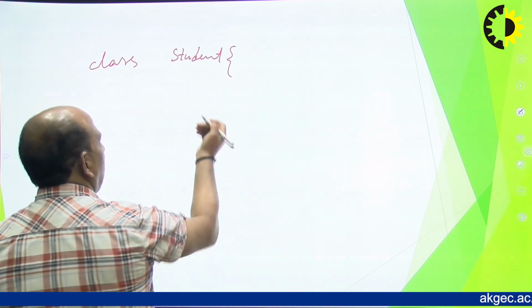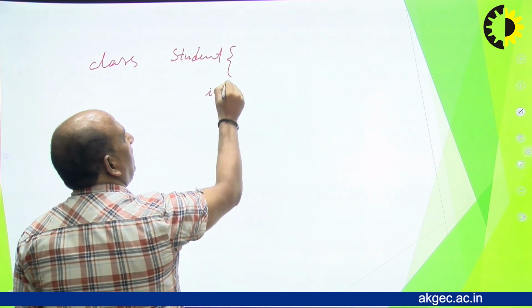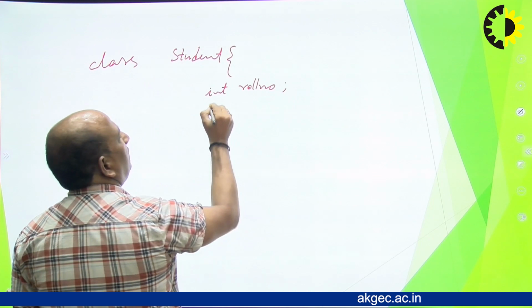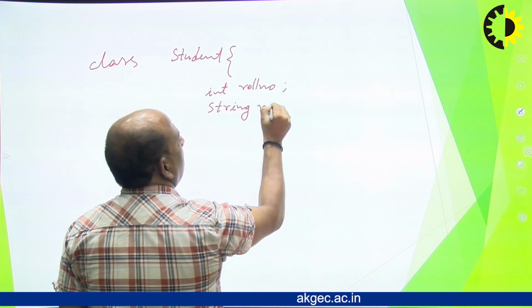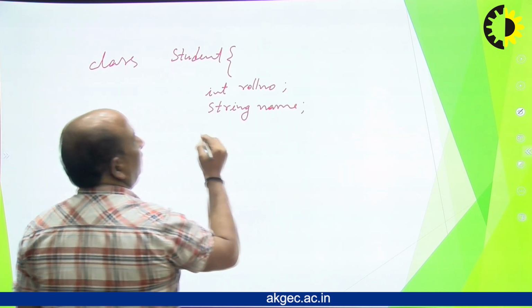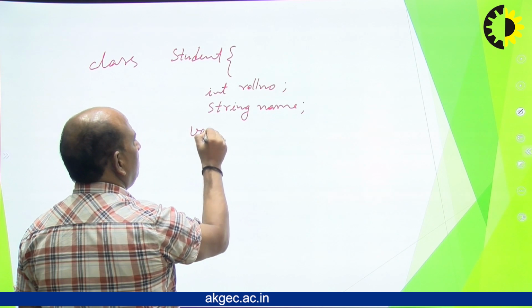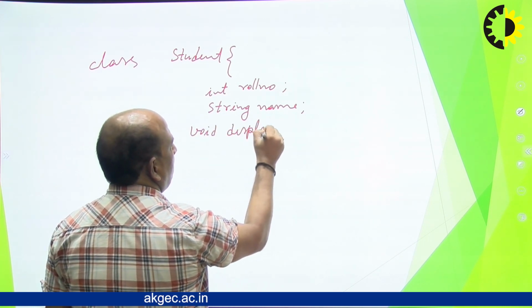So here there may be some variables like int rollNumber, String name, and there may be some functions like void display.